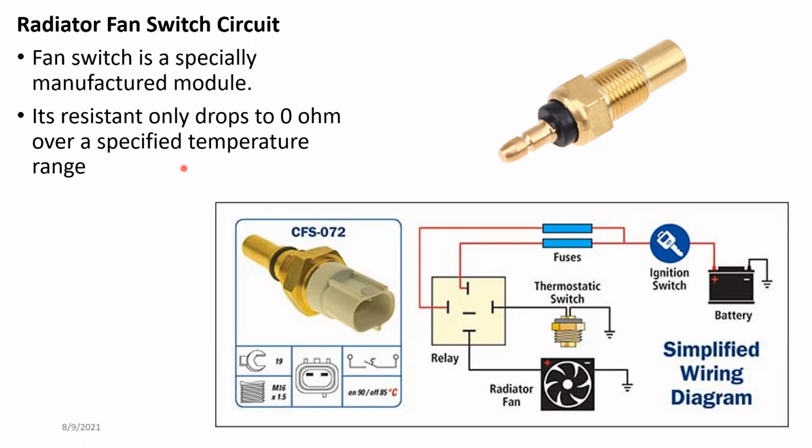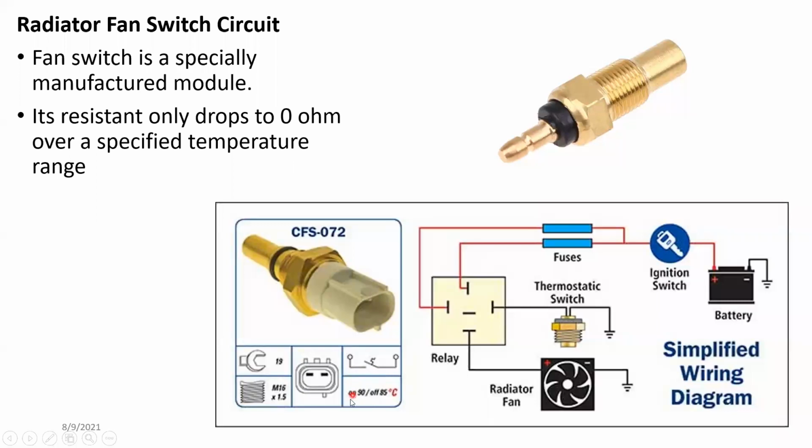As you can see here, this one and this one are both radiator fan switches. Later I will also show you in the next slide the fan switches and the temperature sensor. By looking from outside, it's impossible to identify which one is which. There's only one way to check this: by testing, or reading the model number like this and finding out what sort of application it is.